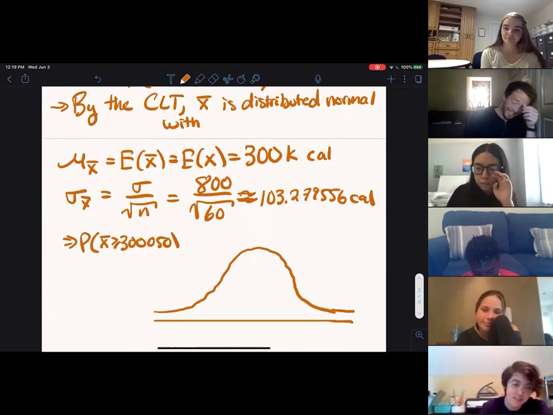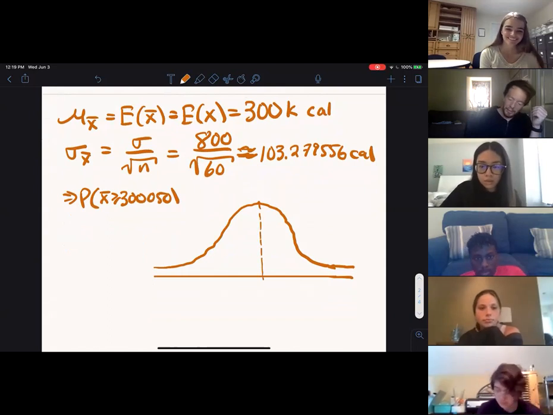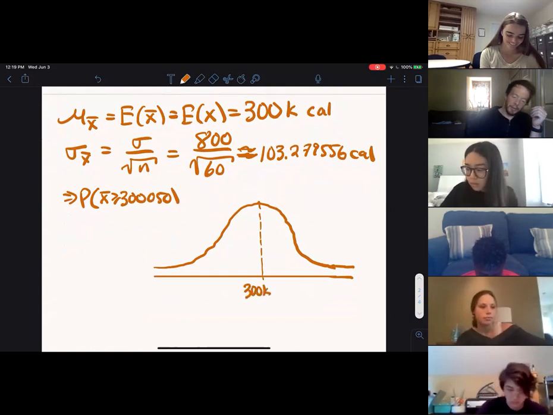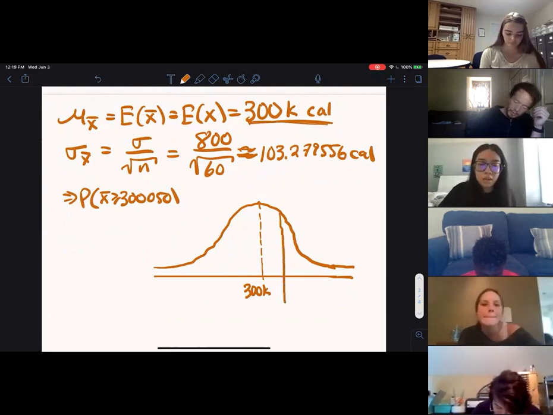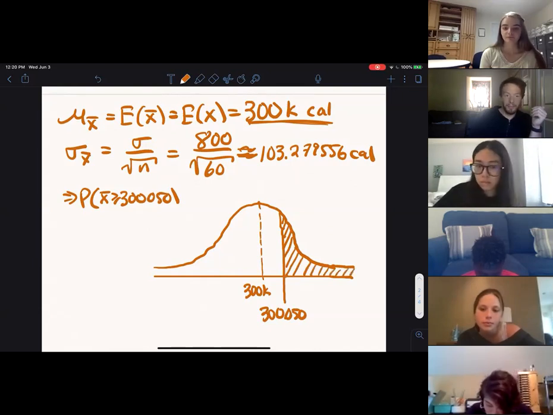Since we said that x bar by the central limit theorem is distributed normally, the distribution of x bar is going to look like this. It's centered, as we just discovered, on 300K. And that means the probability I'm looking for is the probability of observing 300,050 calories or more. So that's going to be this area right here.